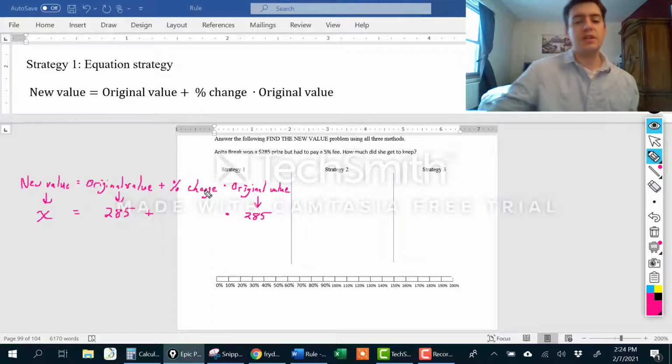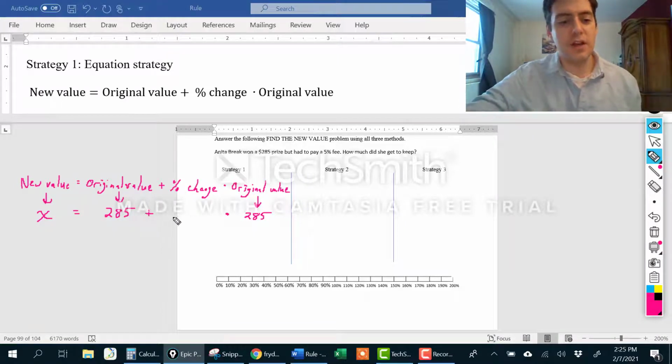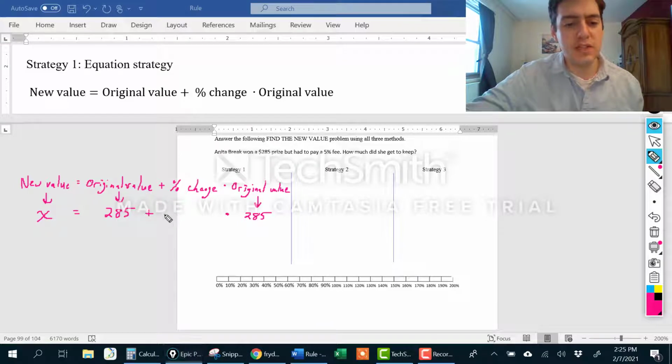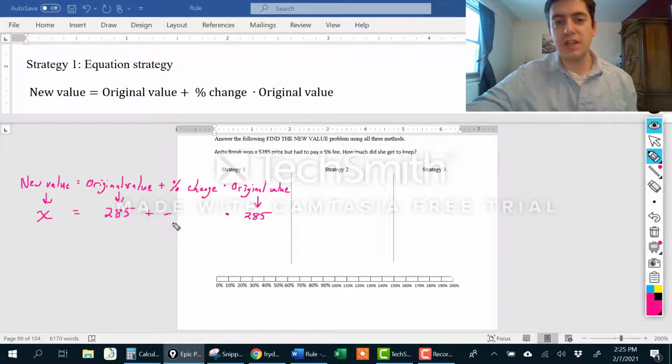So what was the percent of change? The percent of change was 5%, except you have to be careful here. If you have to pay a fee, your money doesn't go up, it goes down, right? So this percent of change is really a negative. Okay, so let's write that the percent of change was negative 5%, and we're going to write 5% as a decimal.